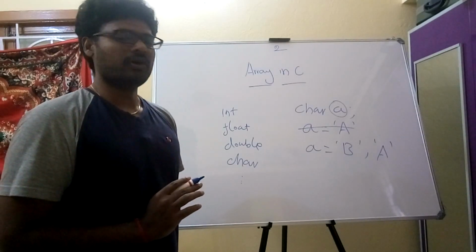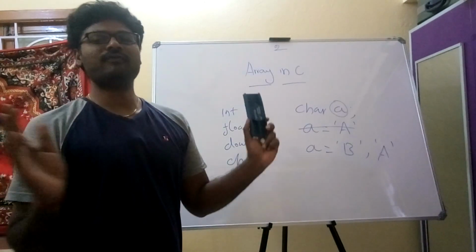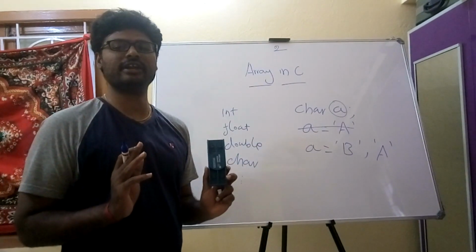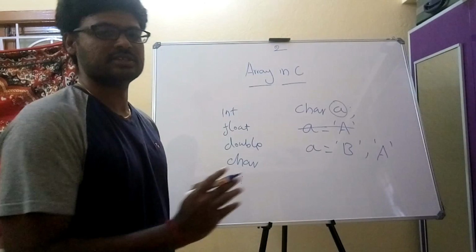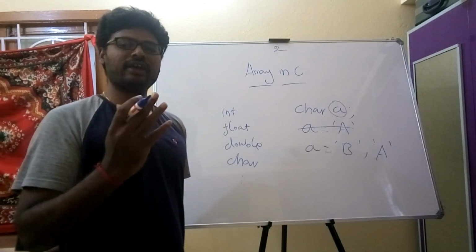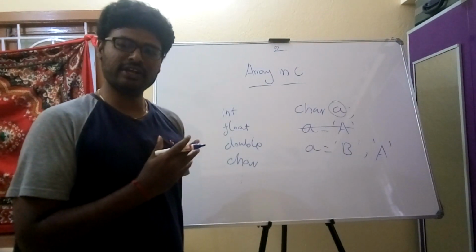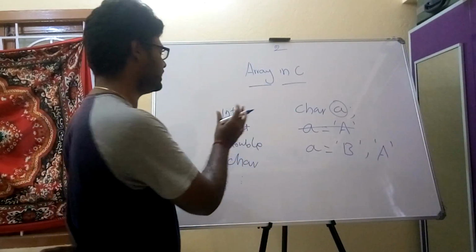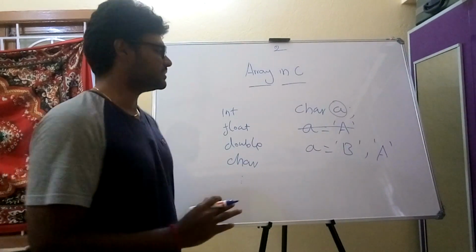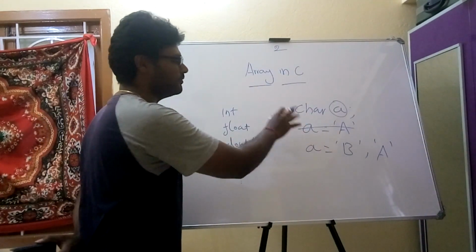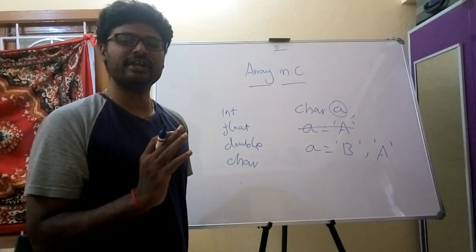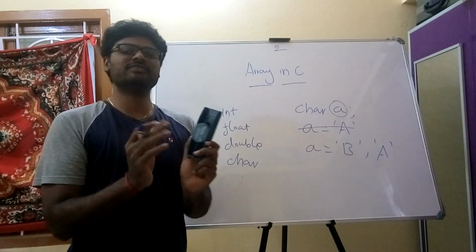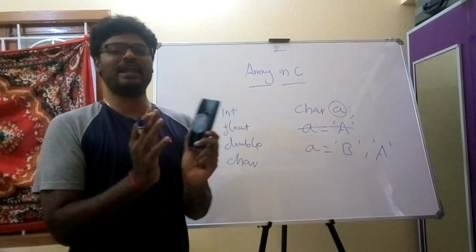Okay, so if I need to store a group of elements a, b, c, d in a character variable, or a group of elements 10, 15, 20, 25, 35 in an integer variable, it is not possible using these primitive normal data types. For that, we need to go with an array, because array is a collection of elements with similar data types, or group of elements.